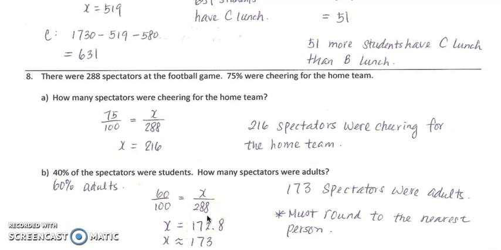Either way works. So 0.6 times 288 is 172.8, but we cannot have 0.8 of a person. So I think the answer is actually closer to 173. So we can say that there are 173 spectators who were adults.